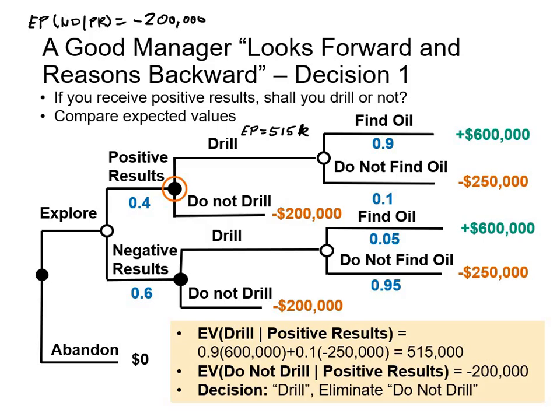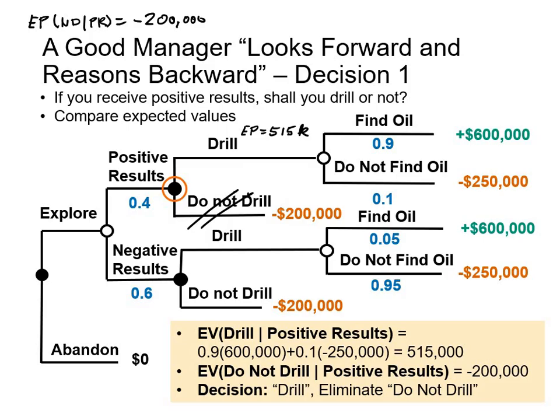Okay, so because the expected payoff of 515K is better than a loss of 200,000, we can already say that we delete this, that this is not a realistic option, because the expected payoff from continuing after a positive result and to drill gives us an expected payoff of 515K, which is much better than a 200,000 loss.